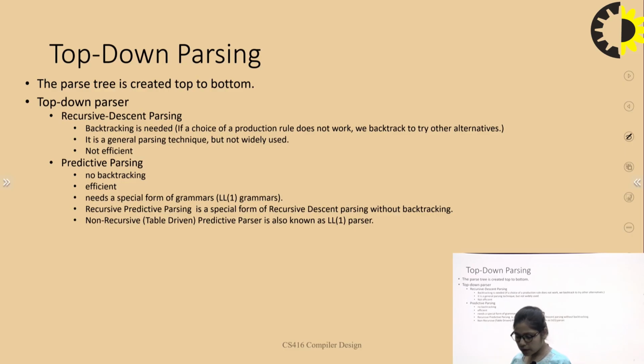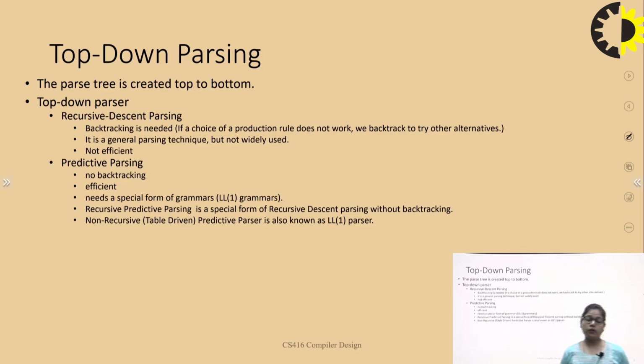That is the advantage of recursive descent parsing, which is called backtracking. If the required solution is not according to our needs, then we can backtrack the process. It is a general parsing technique, but not widely used because it is not efficient.